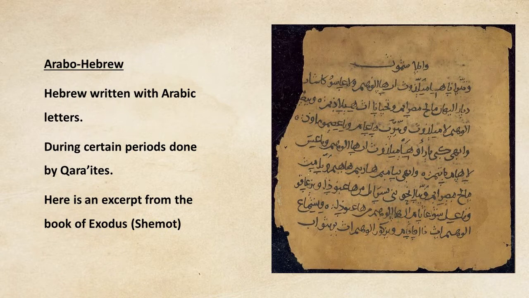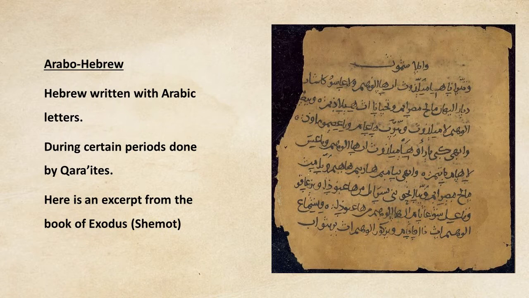Here is an excerpt from the book of Exodus, Shemot. So this is Hebrew Shemot in Arabic letters, and it says on top Ele Shemot. It's interesting that the vowels are the Hebrew vowels, but the letters itself, the consonants, are Arabic. And I guess for many Karaites, they did exactly the opposite.